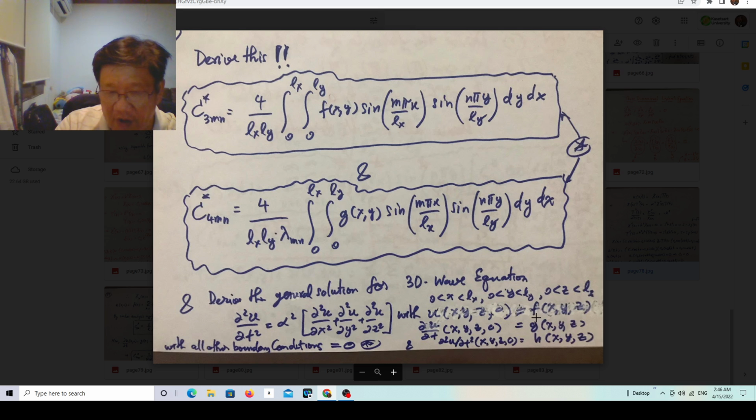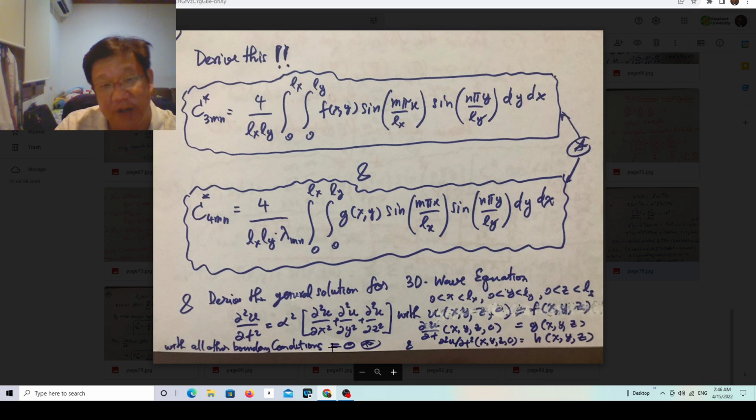They become the function f, function g, and function h that rely on three domain x, y, z. So this is a continuation of this analysis.